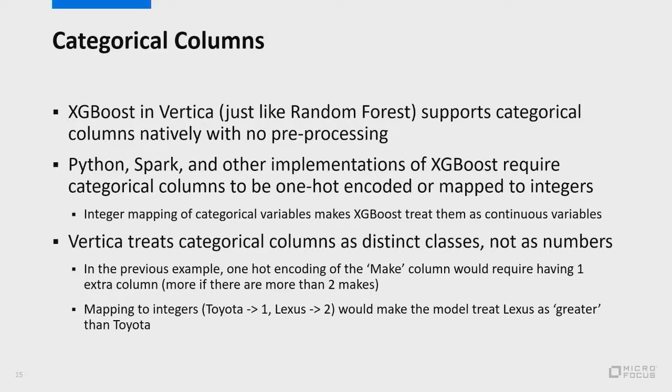Instead, what Vertica does is we have, under the hood, a whole separate way that we handle these categorical columns, and we treat them as distinct categories and split on whether a category is a certain class, rather than doing one of these other approaches. And the other key point is that this all happens under the hood, without any input from the user. So you don't have to pre-process your data. If you have a bunch of categorical columns, you just fire up Vertica and run your XGBoost function.